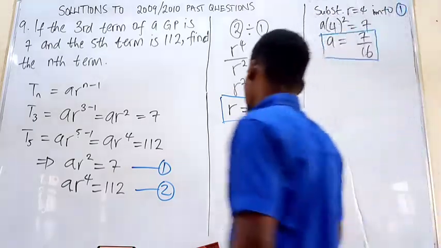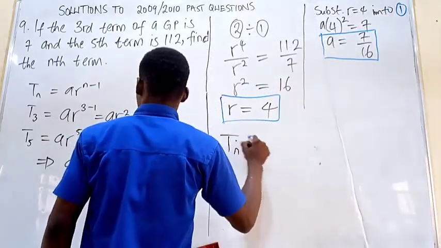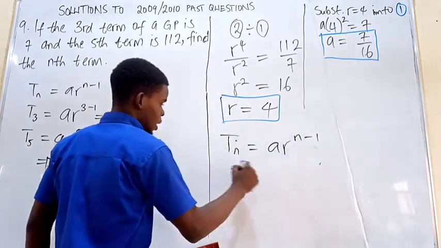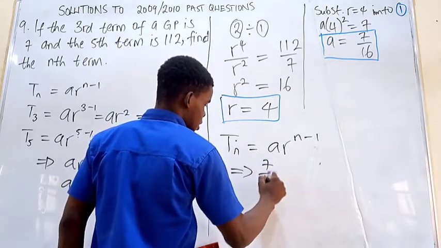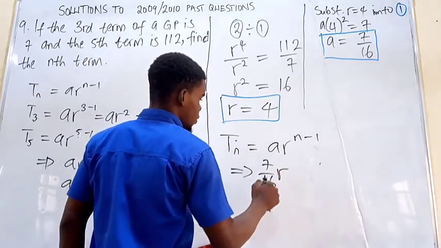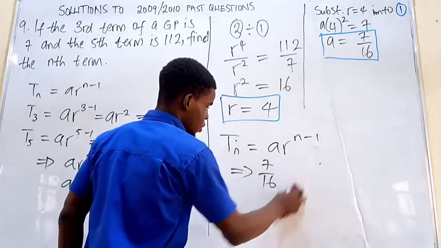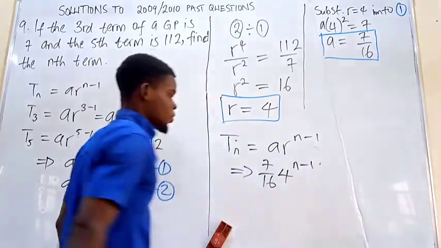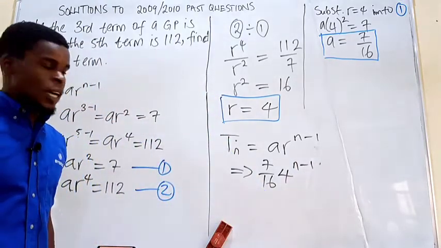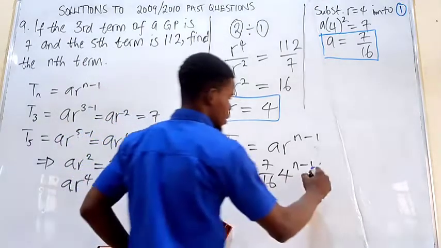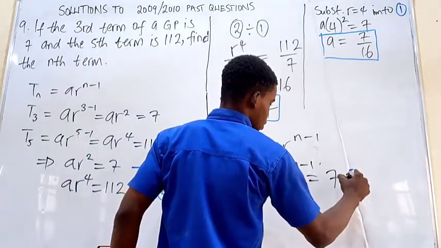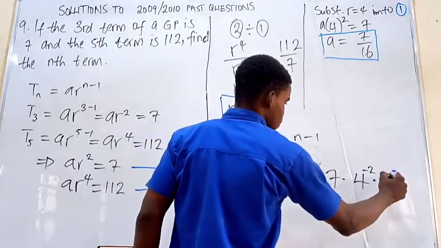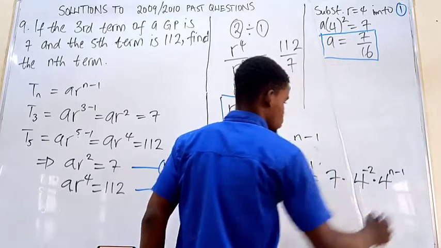Okay, so for any n, this implies that T_n will now become ar raised to the power of n minus 1. That means 7 over 16 times 4 raised to the power of n minus 1. That is just it. Well, we can rewrite that as 7 times 4 raised to the power of negative 2, in place of 16, times 4 raised to the power of n minus 1.